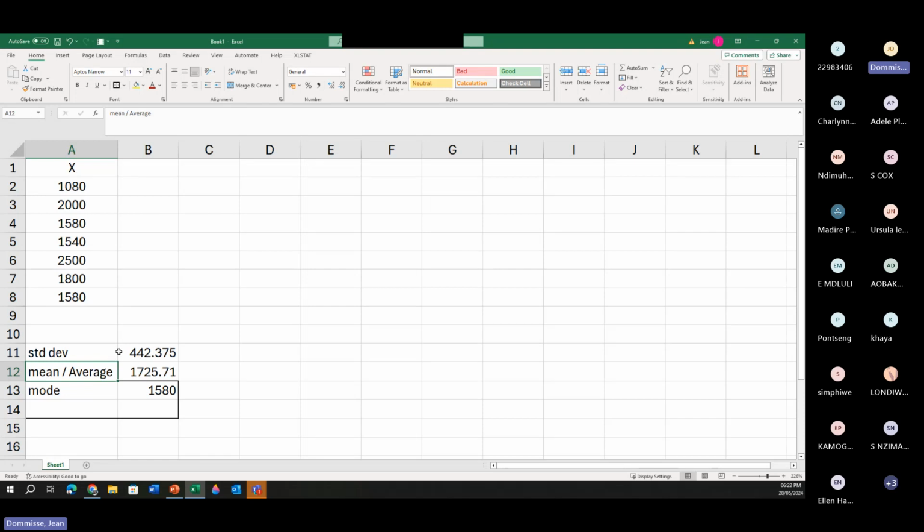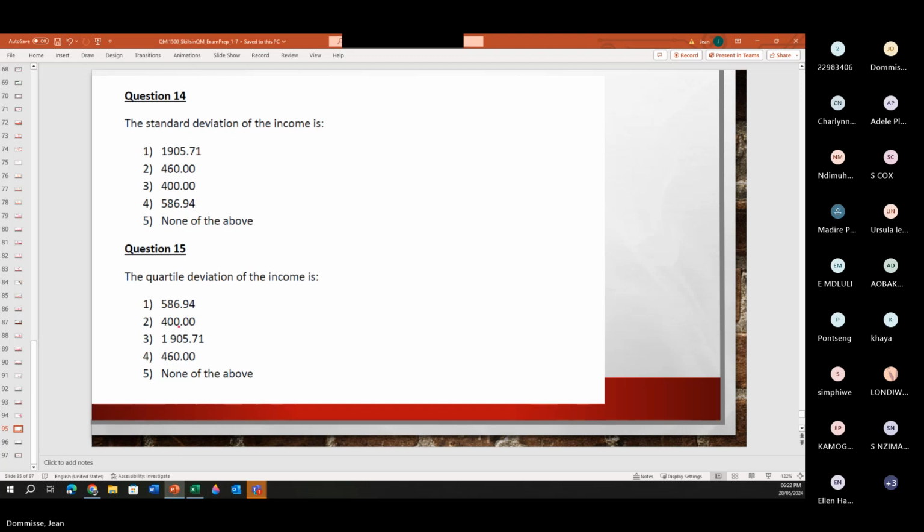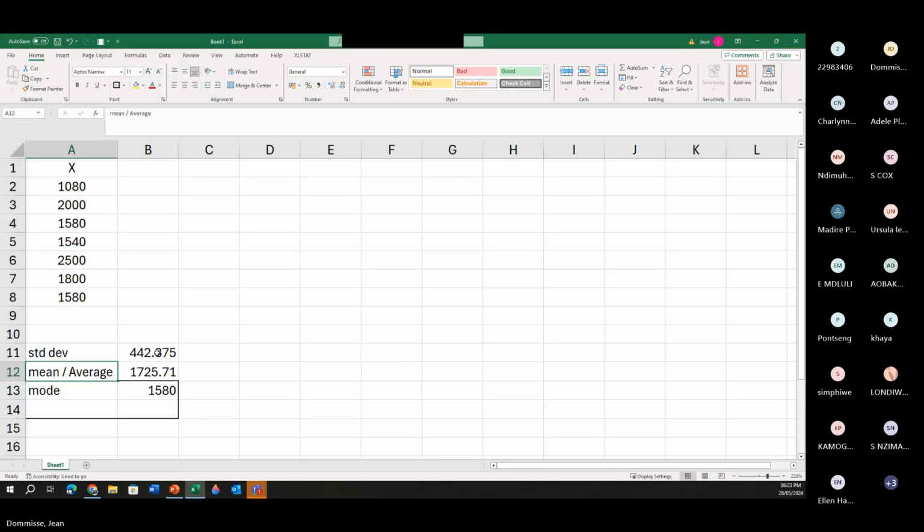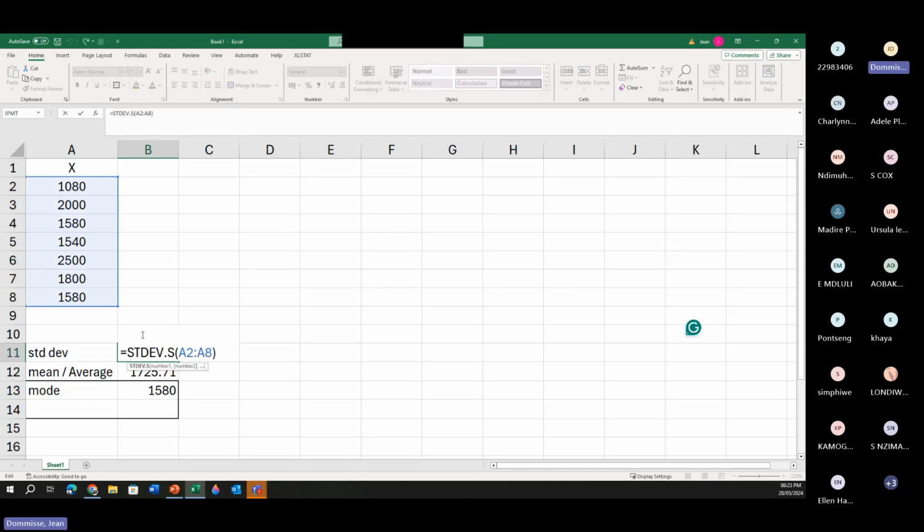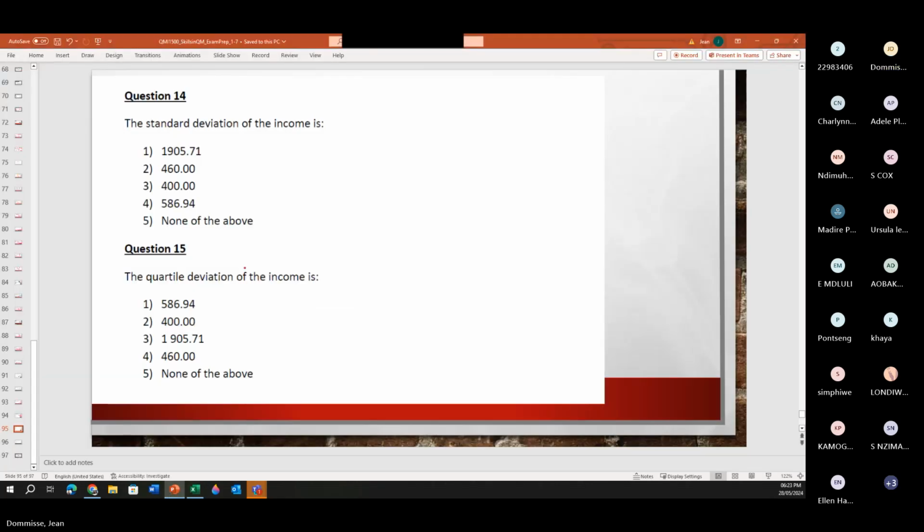So standard deviation, 442.375. So again, I don't like this way. Let's just quickly do the standard deviation of the income. I really don't like this, where there are so many none of the above.